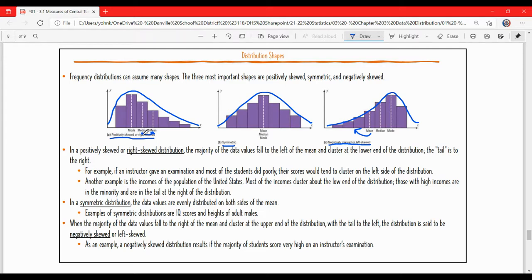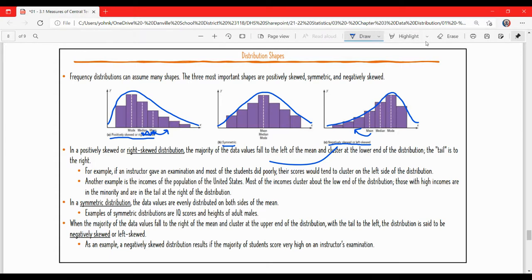So the mean is always closer to the tail. So in a positively skewed or right skewed distribution, the majority of the data values fall to the left of the mean and cluster at the lower end of the distribution. Right here, the tail is to the right.